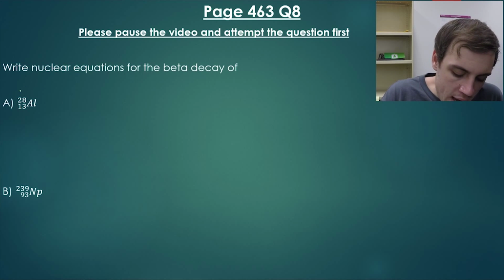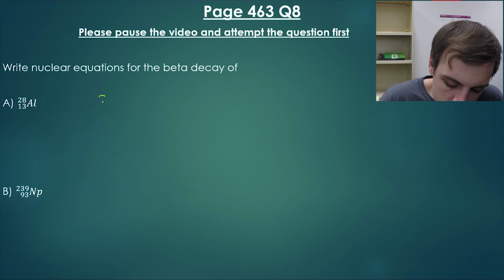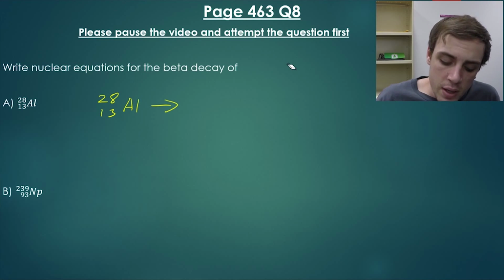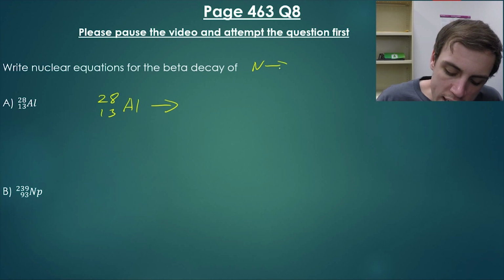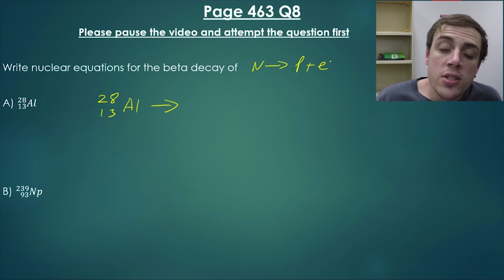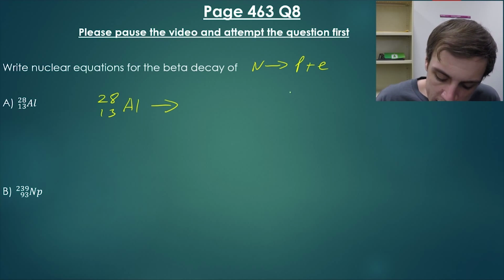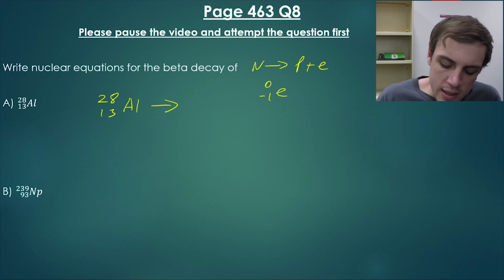So here we have aluminium, 28, 13, aluminium. Remember that a beta decay is a neutron that breaks down to form a proton and an electron. So this can also be denoted as e, 0, minus 1.